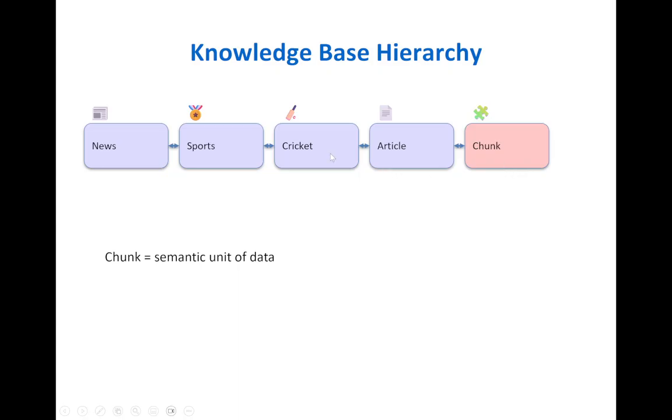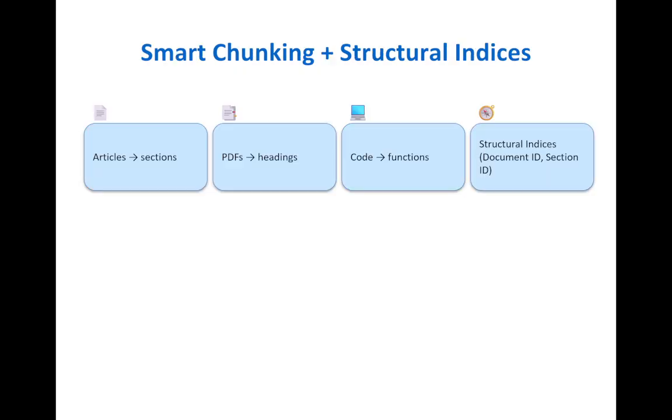For these, we'll use a structural index, like a traditional index. For documents, you could have a document ID as the key and the document as the value. Similarly, for sections, you could have a section ID and the actual content of that section as the value, and so on and so forth.